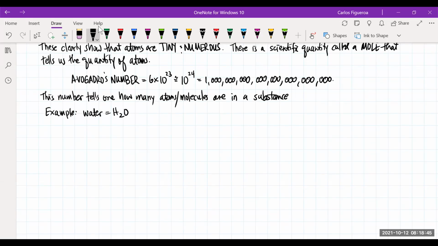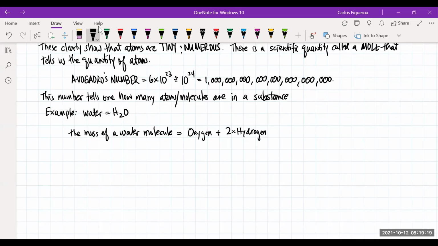Now if I wanted to look at a water molecule, maybe I should say the mass of a water molecule, this is equal to, of course, 1 oxygen plus 2 hydrogens.